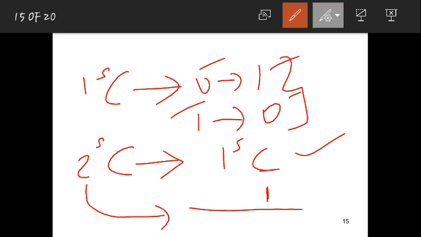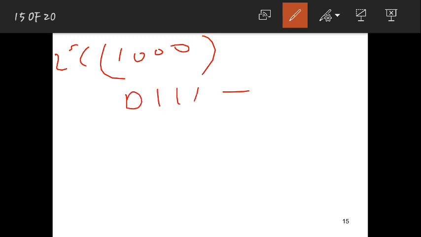Is that fine? Did you understand what I said? So if they ask for the 2's complement of this number, what we should do is first convert it into 1's complement.